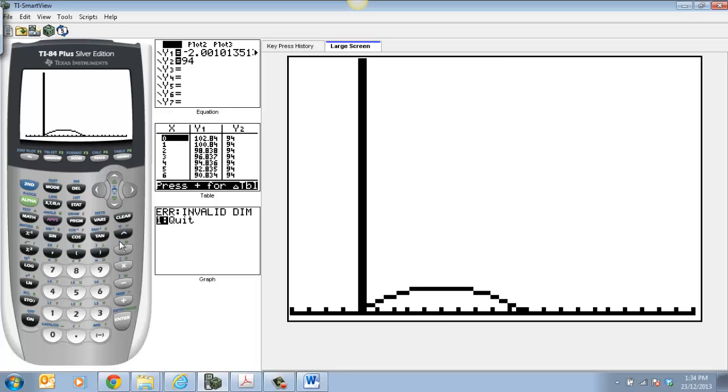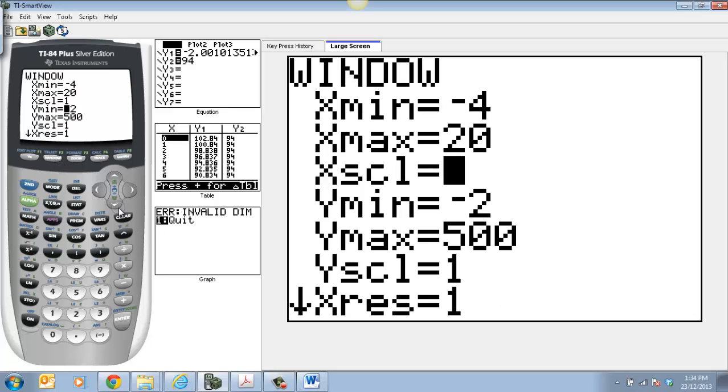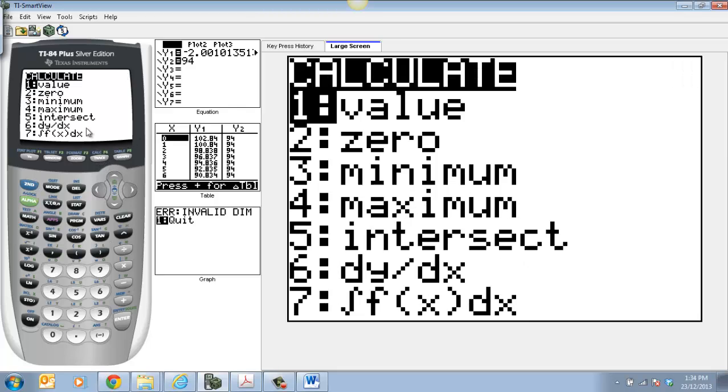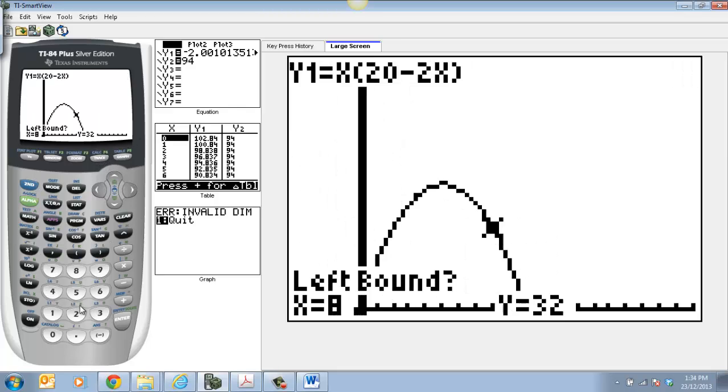It's certainly not even going to be that. All I'm looking for is a sketch. Obviously 500 is way too big. If I come down to make that maybe 100 and graph that. Right, and then I'm looking for this value. So go to my G-Calc, looking for my max value number 4.